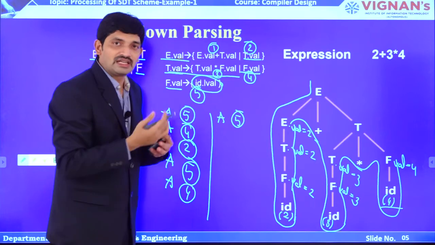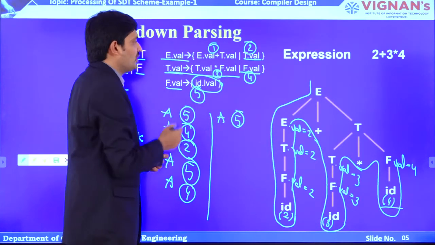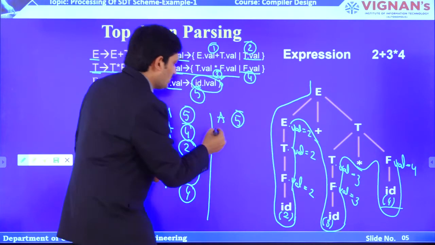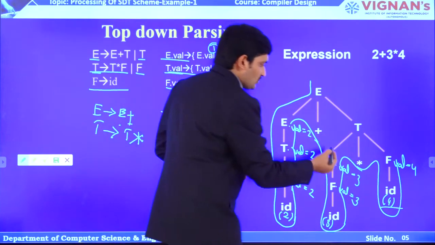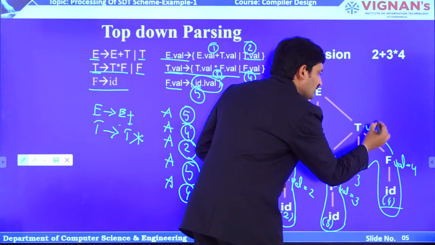That means we have to multiply the T value with the F value and assign it to T value. The corresponding action is 3. So, now we are going to perform action number 3. Okay. So, 3 into 4 is assigned to T.